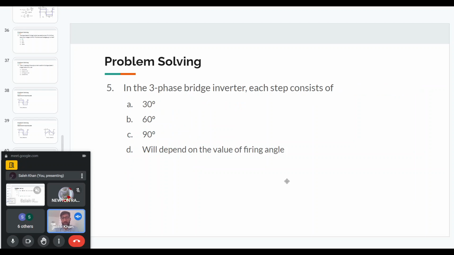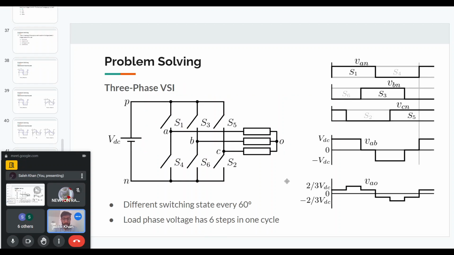In a three-phase inverter, the next question is saying that in a three-phase bridge inverter, each step consists of, the options are 30 degree, 60 degree, 90 degree, and will depend on the value of the firing angle. So for example, let us consider the 180 degree operation.